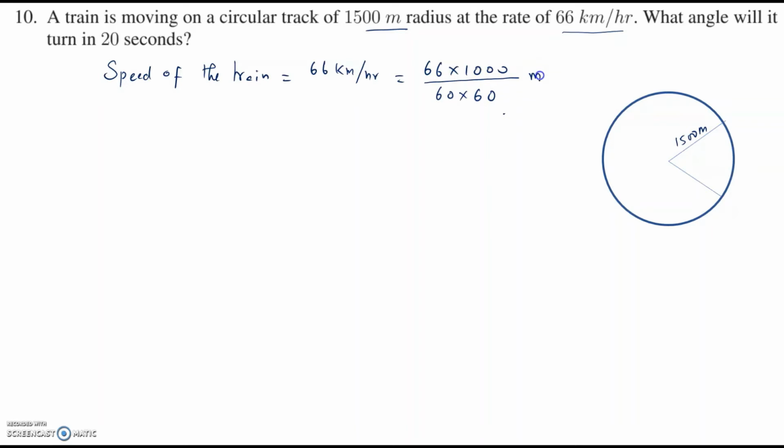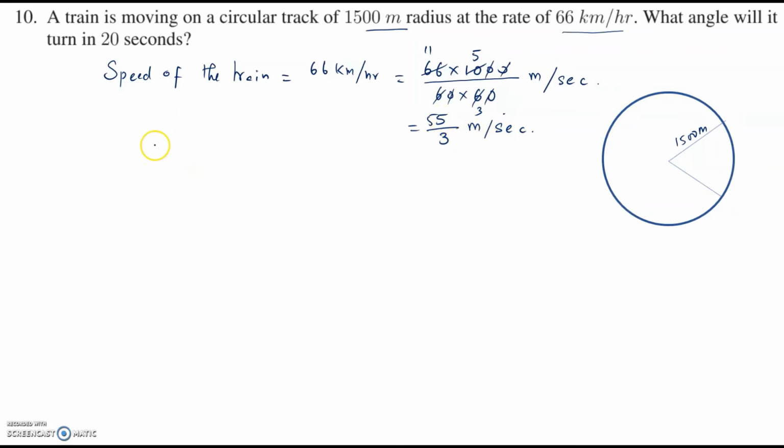That would be in meters per second. So we can simplify this, knock off these two zeros. This will become 11, 3 here, then 5. So your answer will be here 55 divided by 3 meters per second. So this means that the train is traveling in 1 second 55 by 3 meters.